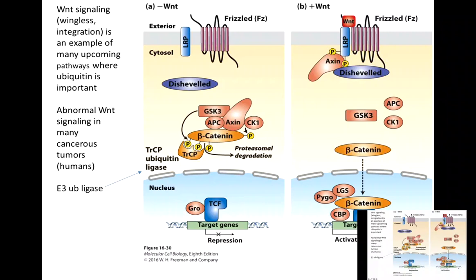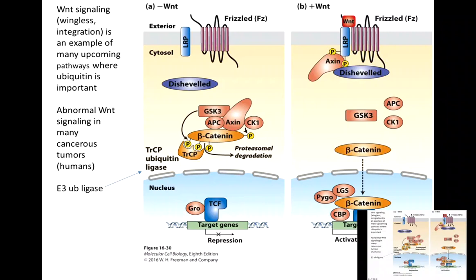And now these target genes get turned on. So with Wnt, you attract Dishevelled, which attracts axin, because axin is attracted to this receptor. It's no longer activating GSK3, so beta-catenin is no longer being phosphorylated at such a high rate. So the ubiquitin ligase is not attaching ubiquitins at such a high rate.